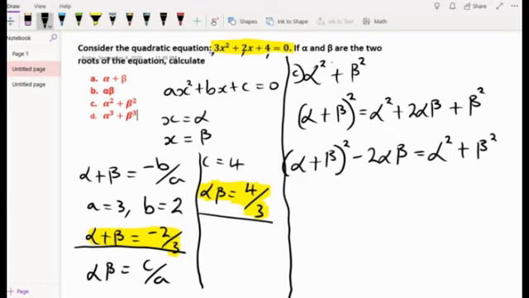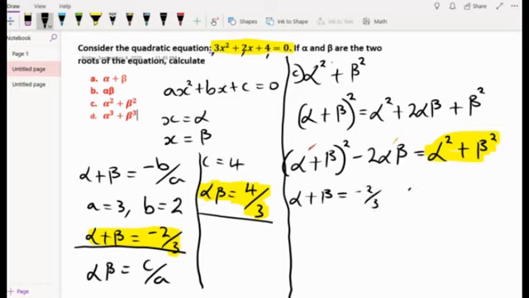So this has given us the formula for the question we are being asked to find. This is like a formula now. We are asked to find alpha squared plus beta squared, and luckily for us, we know what alpha plus beta is and we know what alpha beta is. So what we just need to do here is to substitute. You already know that alpha plus beta, we've done that in the first question, is minus 2 over 3.